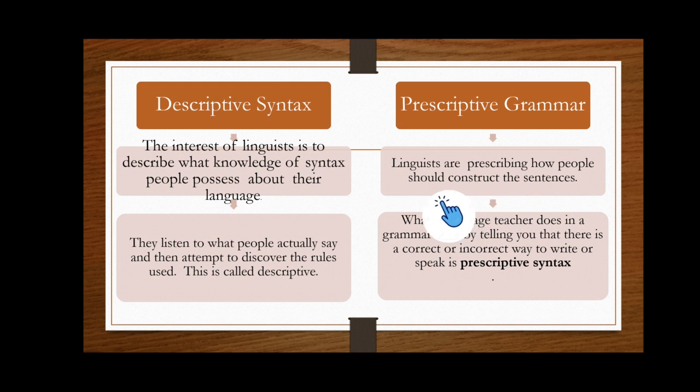Rather, they prescribe the rules. The same rules are told to us in a classroom by a grammar teacher when he or she tells us how we should construct a sentence and how we should speak a sentence. So there is how and should here, and there is no how and should there. Here is description, they describe the rule, and here they prescribe the rule.